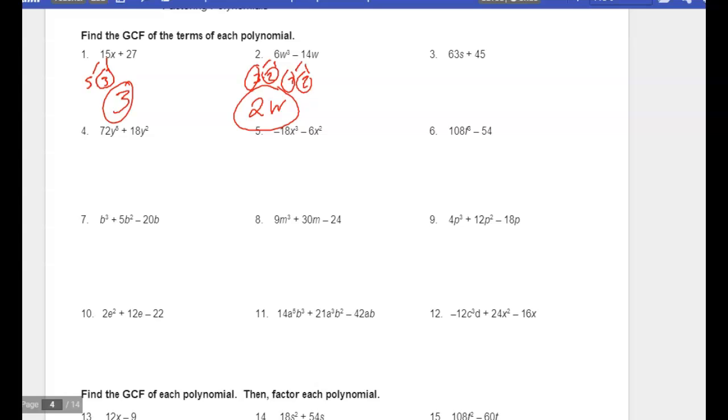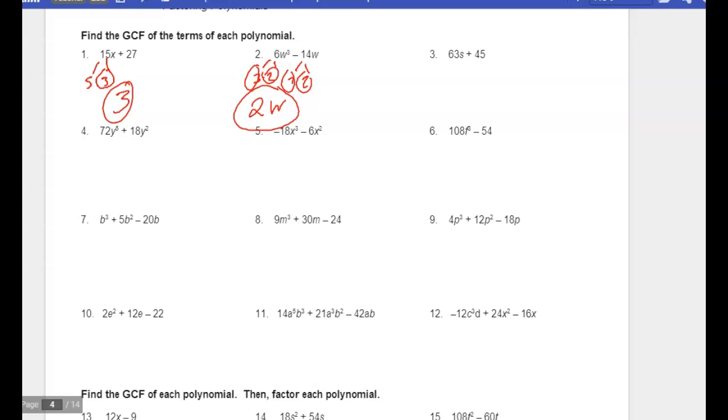And last one here, number 3, I'll do for you. And this one might seem a little tricky at first. Because what are some factors of 63? What are some factors of 45?